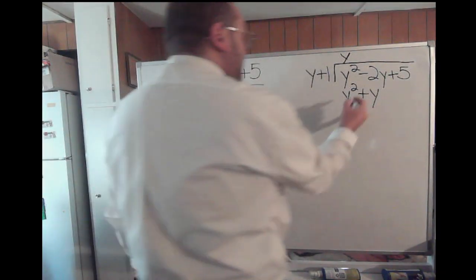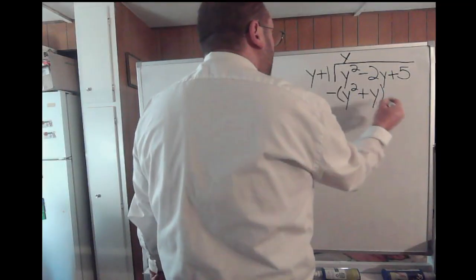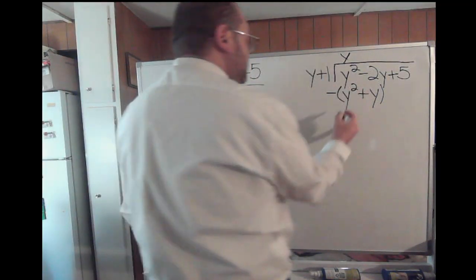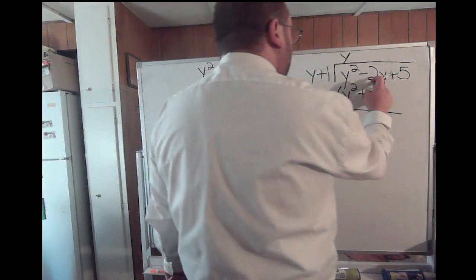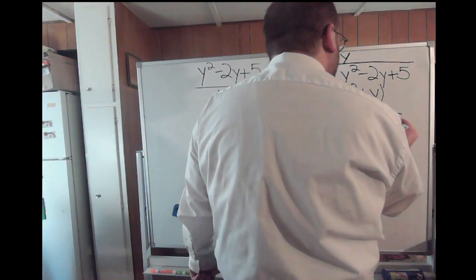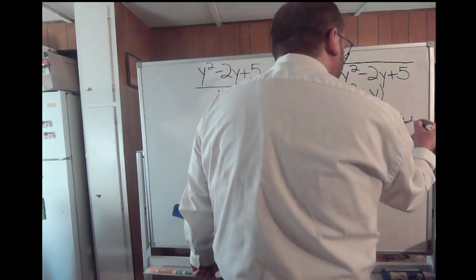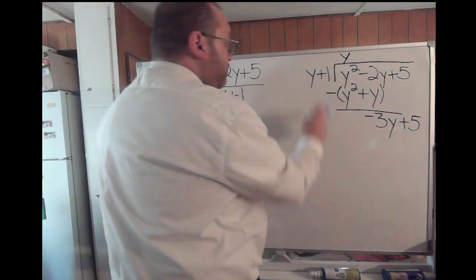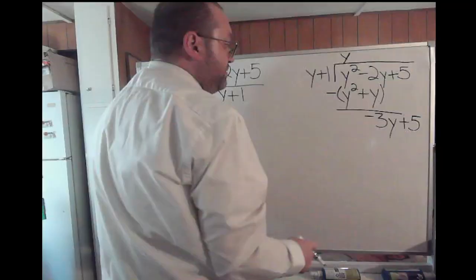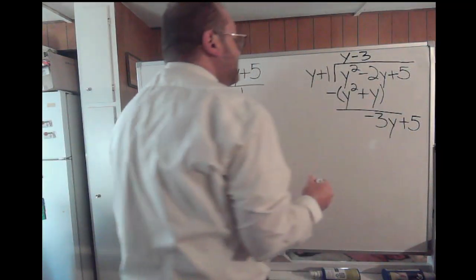So now go ahead, subtract what you just got from your dividend. Y squared minus y squared, that's 0. Negative 2y minus y, that's negative 3y. So you got negative 3y, and then bring down your positive 5 from the dividend. So now, y times what equals negative 3y? Well, that'd be negative 3. So far you got y minus 3.